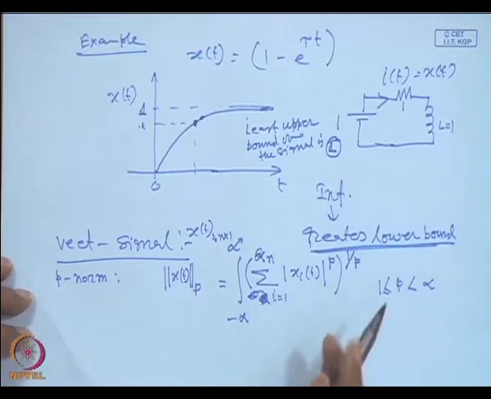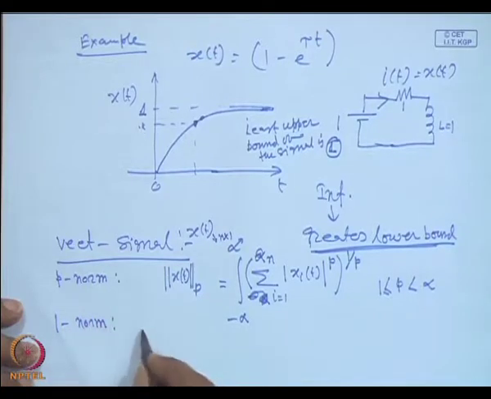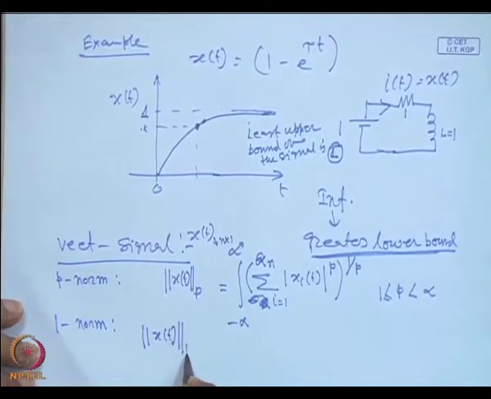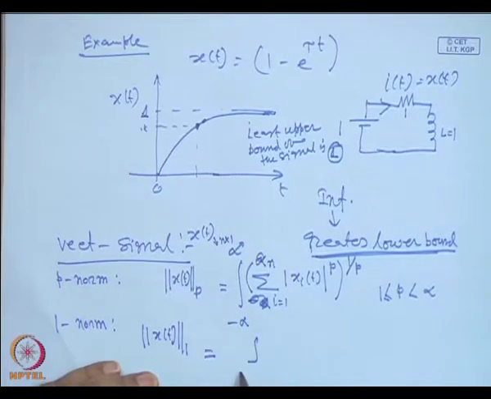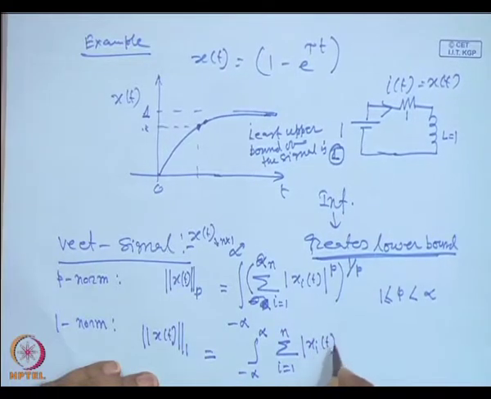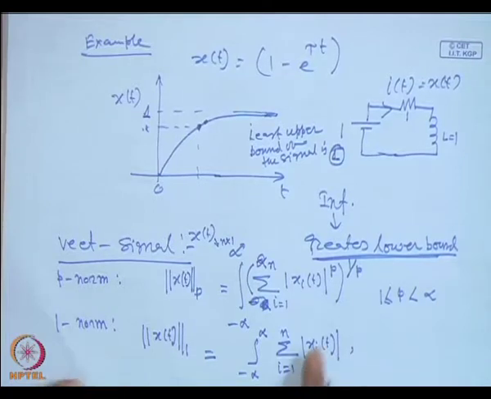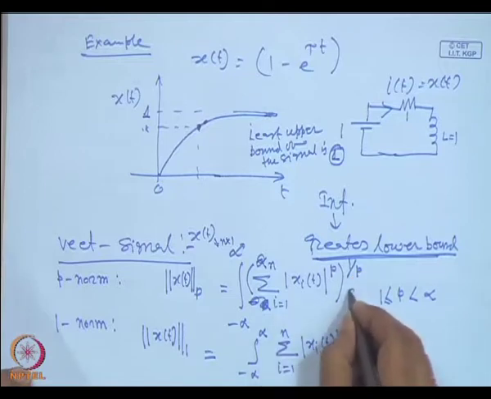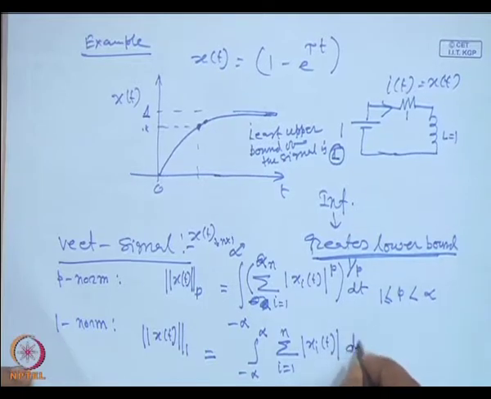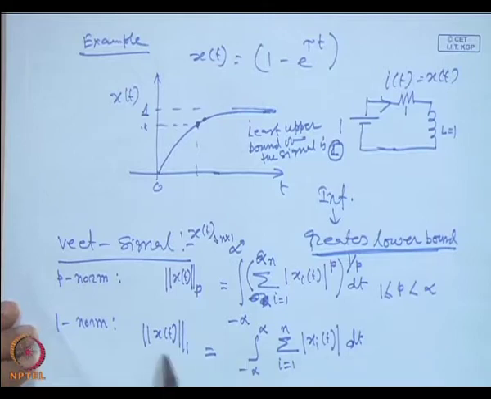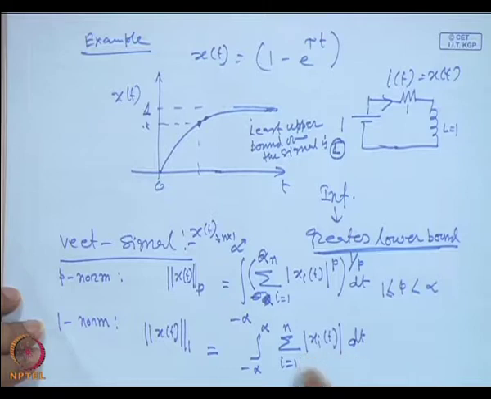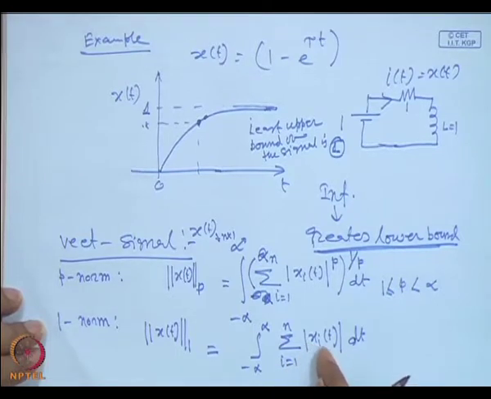So the one norm of x of t is the integration from minus infinity to plus infinity of the summation of i equal to 1 to n of mod x i of t, dt. That is, you take the absolute value of x 1, absolute value of x 2, and so on, add all these things, and integrate over minus infinity to plus infinity.